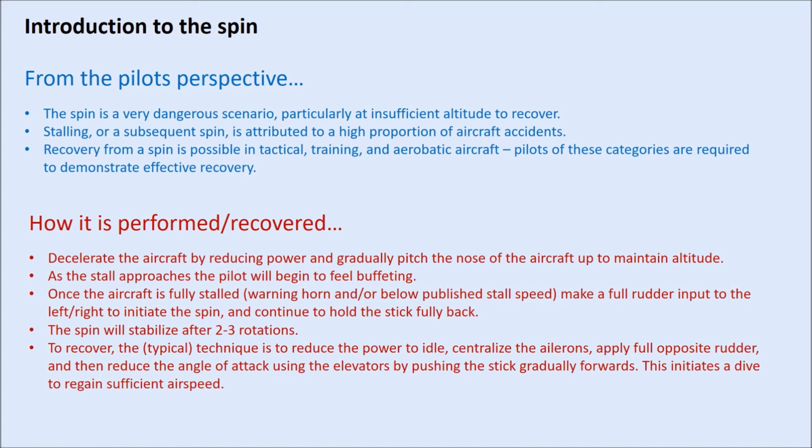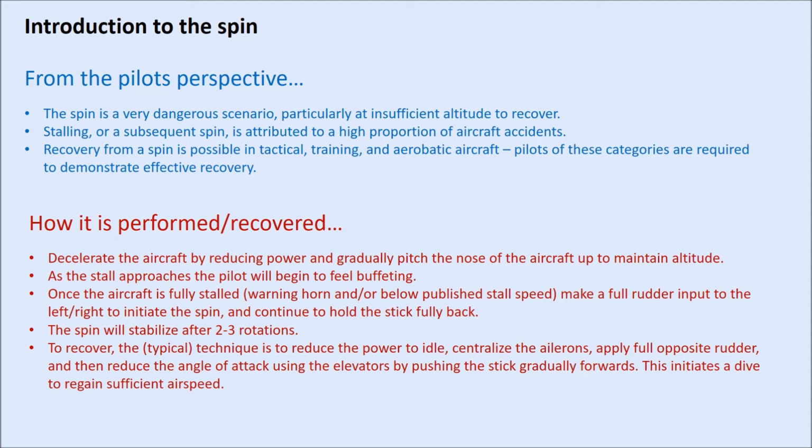So the first thing is to check the surroundings to make sure that it's safe. Then the pilot can decelerate the aircraft by reducing the power and gradually pitch the nose of the aircraft further and further up in order to maintain altitude.